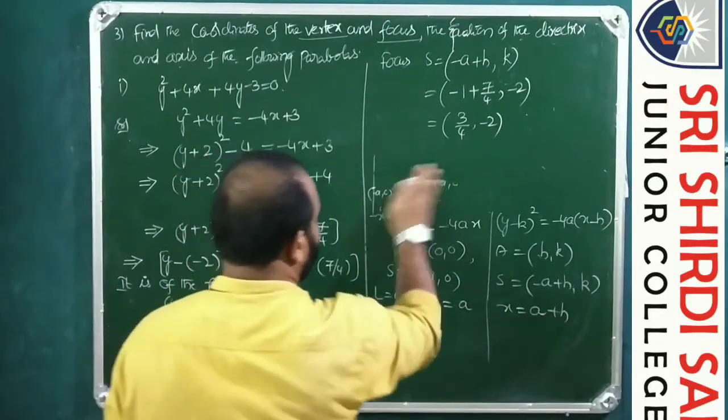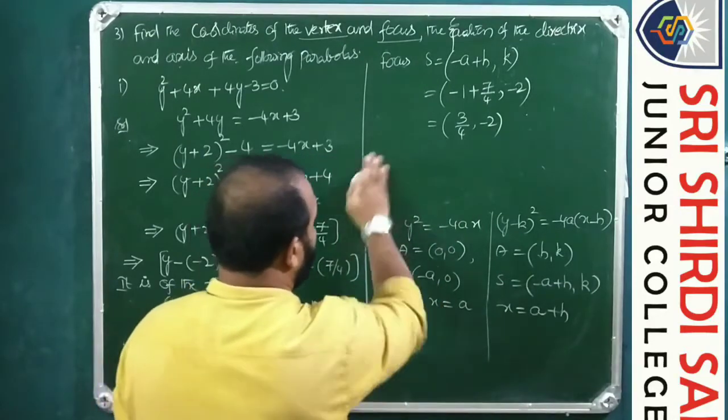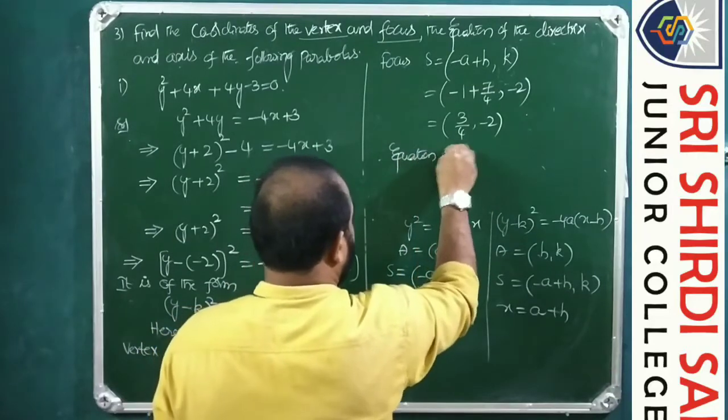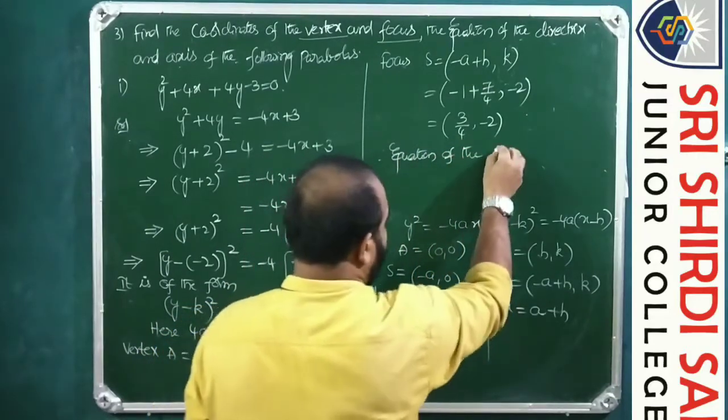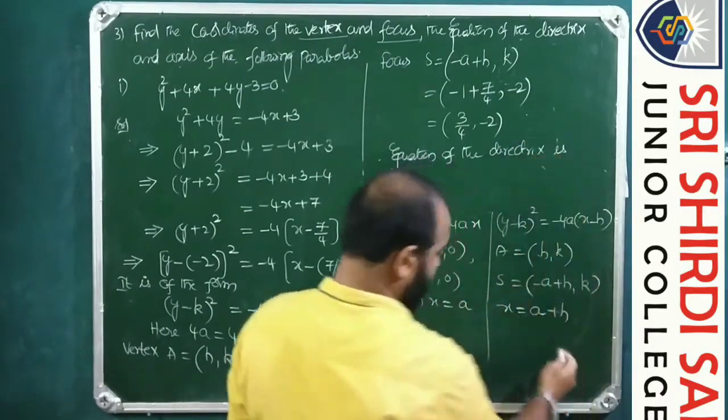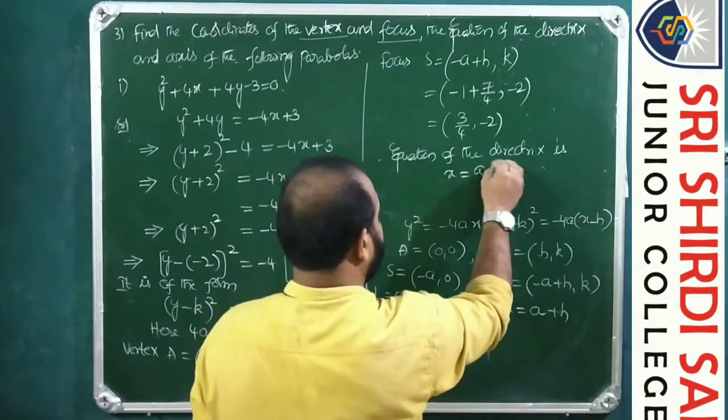So the equation of the directrix is x equals a plus h.